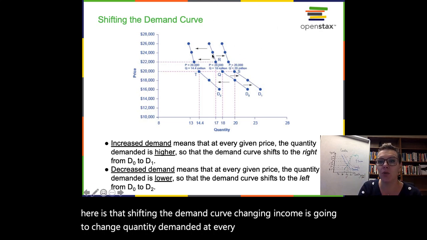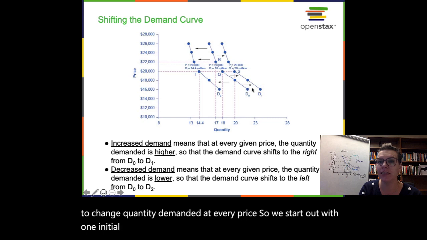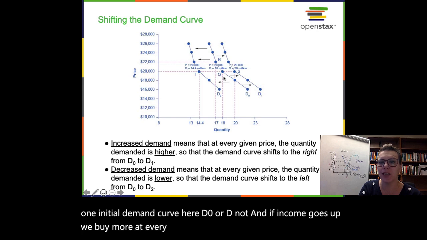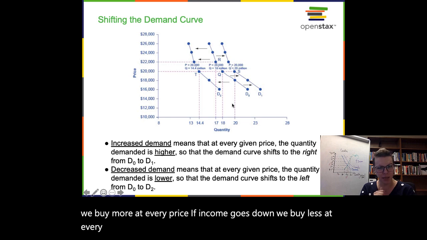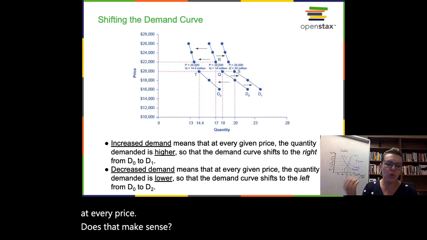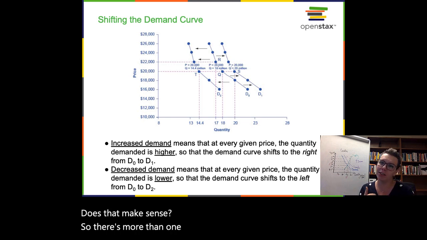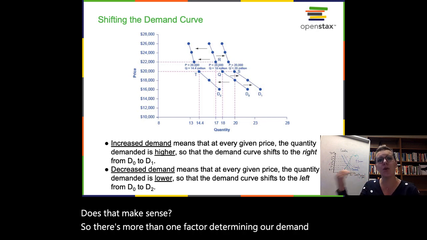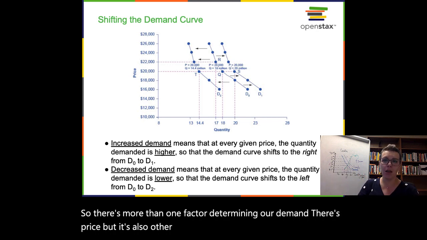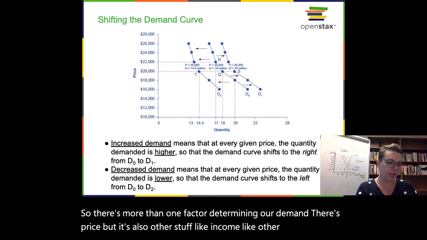So we start out with one initial demand curve here, D0. And if income goes up, we buy more at every price. If income goes down, we buy less at every price. Does that make sense? So there's more than one factor determining our demand. There's price, but it's also other stuff like income, like other factors that might play a role.